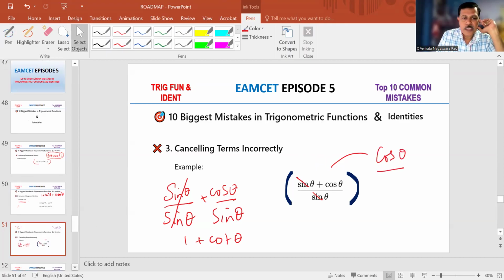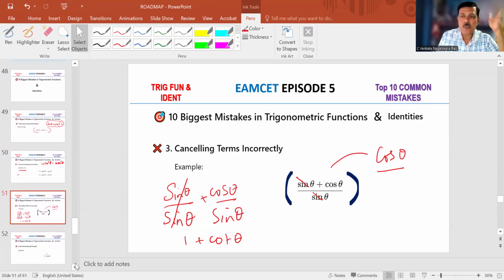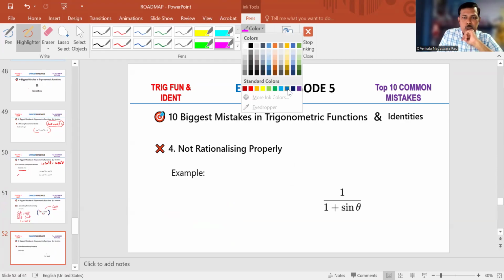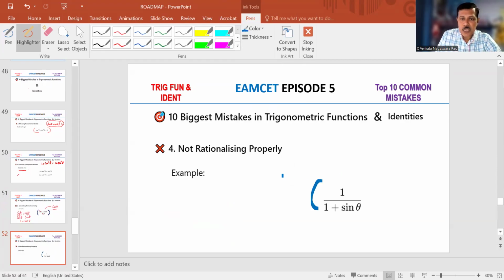This might not be a direct question in EAMCET, but it comes as one of the steps when you are solving a question. Now, this is again one more area where you need to observe. We have 1 by 1 plus sine theta.